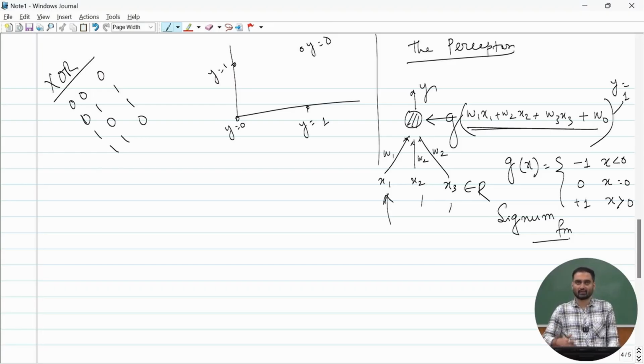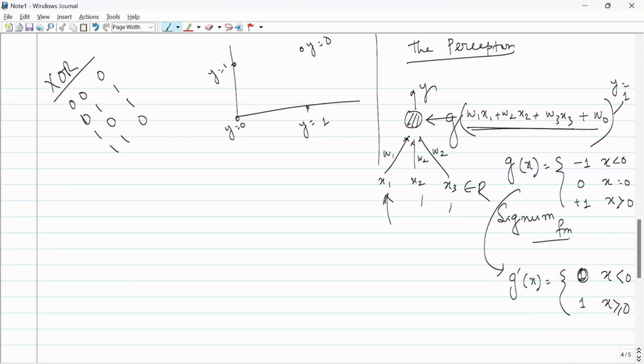Later on, when we reformed this perceptron, we observed that we don't need -1, 0, +1. There are two levels which are enough. So we modified this. We said, okay, let us use this modified function, which will produce 0 if x is less than 0, otherwise 1 if x is greater than or equal to 0.